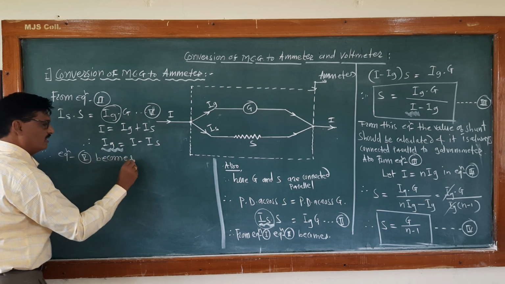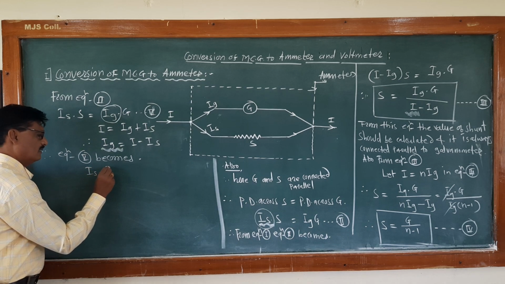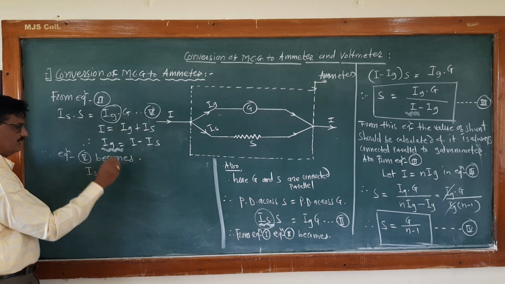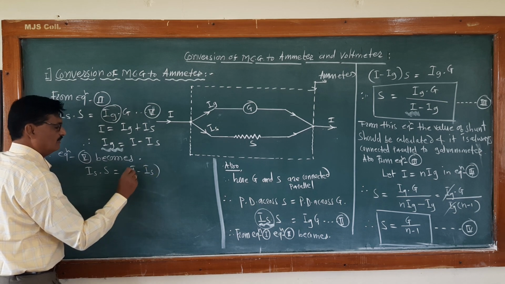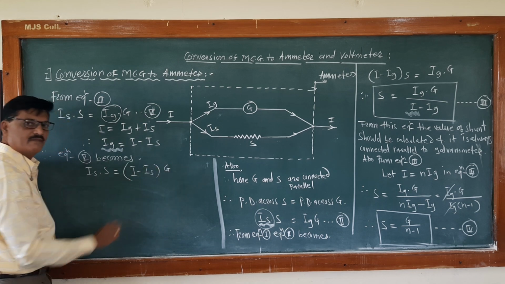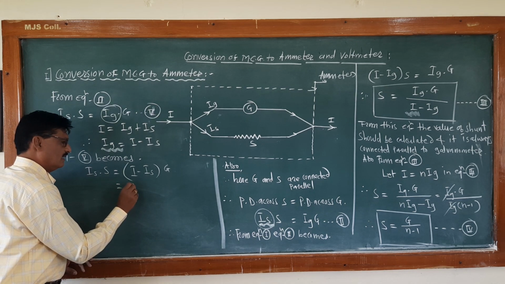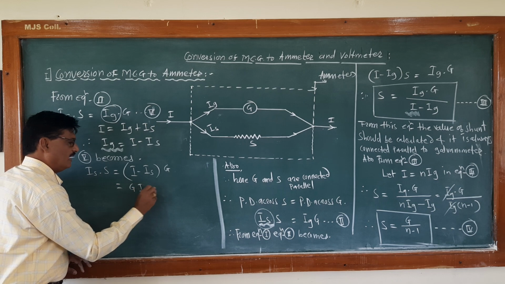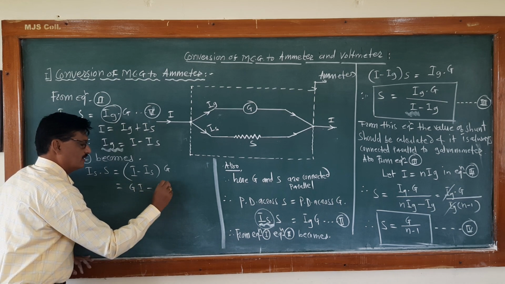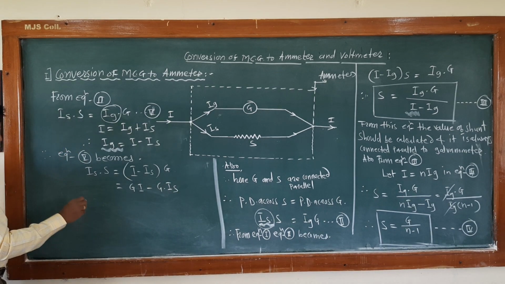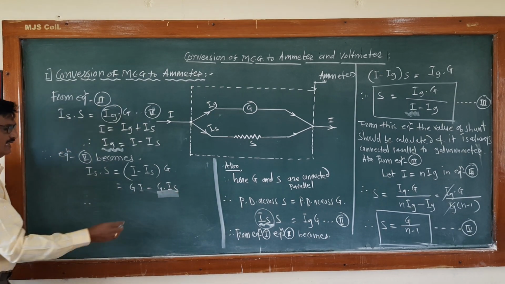Is S is equal to Ig, that is I minus Is, multiplied by capital G. If you solve this, we get G I minus G into Is, and this term comes to the left hand side.